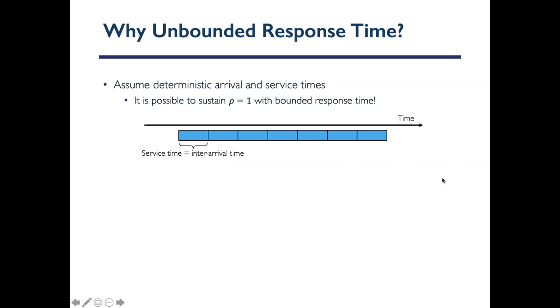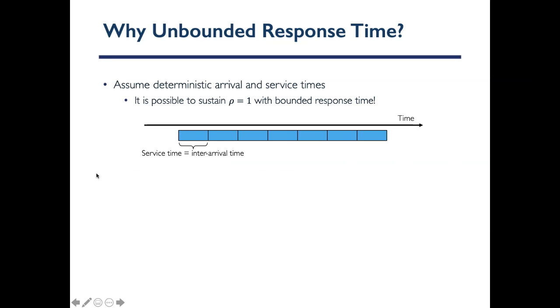You actually can get unbounded response time with utilization 1. How could that happen? Well, let's say you get one request every 2 seconds and your service time is also 2 seconds. So what happens? Your utilization becomes 1, so 2 divided by 2, 1.